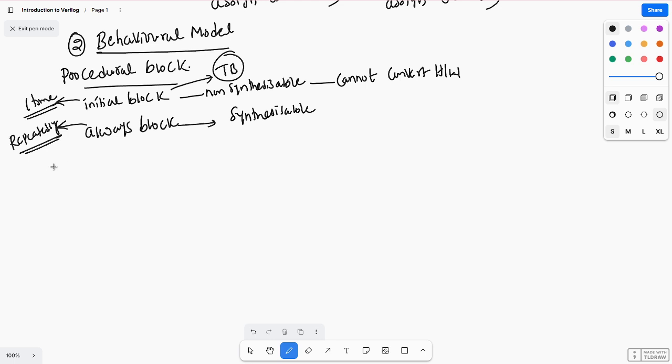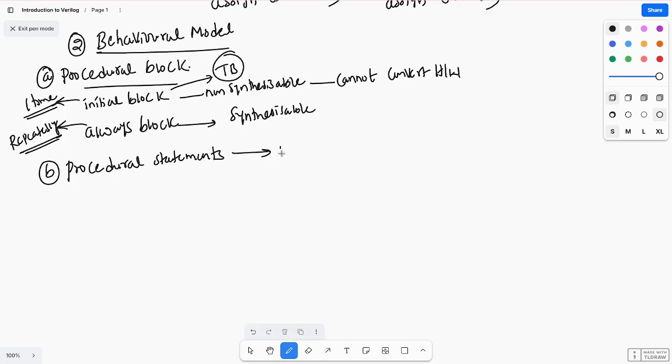And next we are using procedural statements. What are these procedural statements? Procedural statements control the execution flow within the procedural blocks.